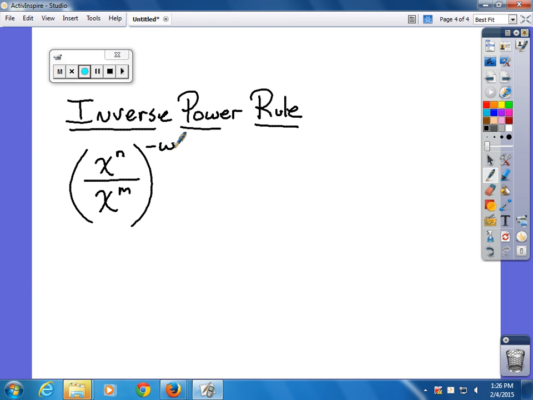Now what is causing you to have convulsions on this problem? The negative w. So if you wanted to fix it and make it positive, you just flip what's on the inside. Now, notice I said flip what's on the inside. Inside of what? Okay, this one has parentheses.